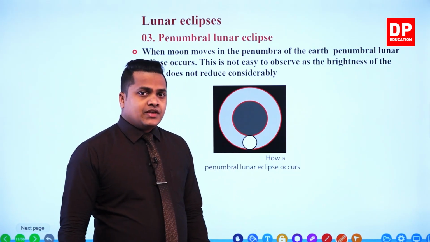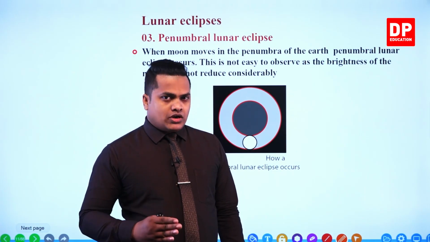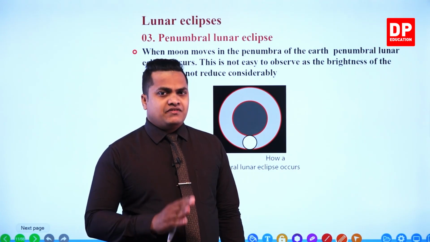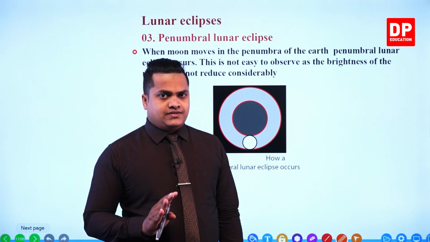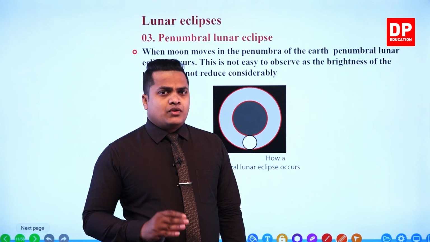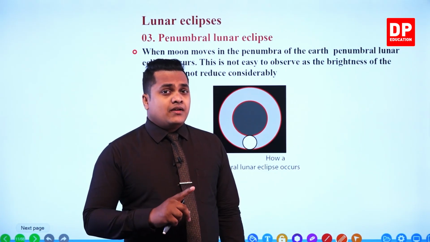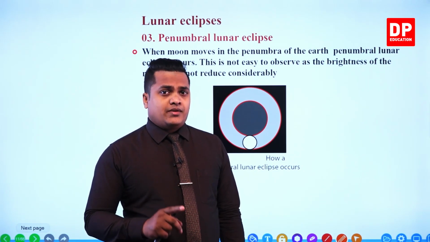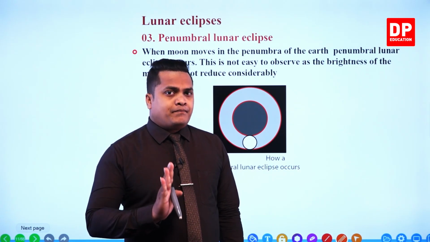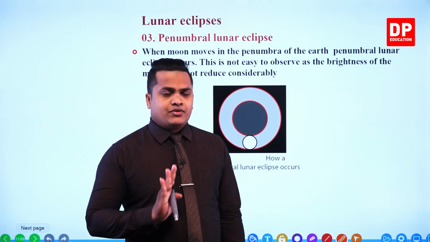The previous two incidents, the total lunar eclipse and the partial lunar eclipse, can be clearly visible to our naked eyes. Not the penumbral one; the partial one and the total one can be clearly visible to the naked eye.